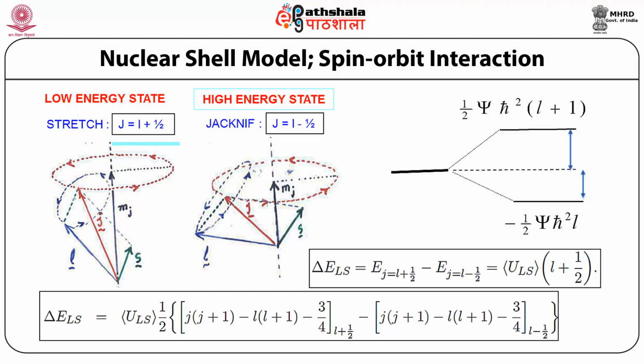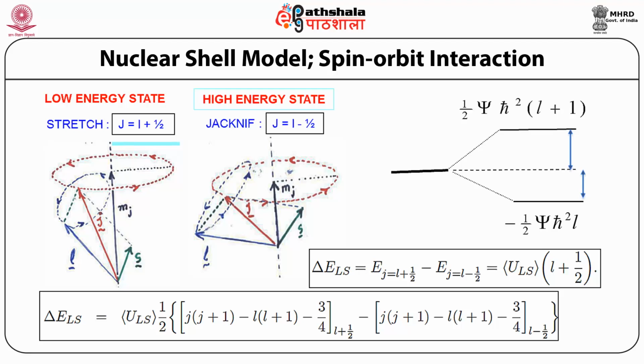If we represent them in terms of energy, in the absence of spin orbit interaction there is only one energy state, but when we incorporate the spin orbit interaction, the single energy state is split into two. The lower state defines the situation when L and S are in the same direction, whereas the upper state defines the situation when L and S are not in the same direction.